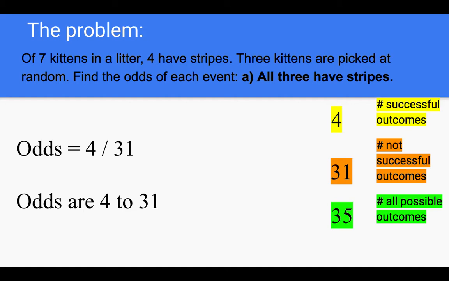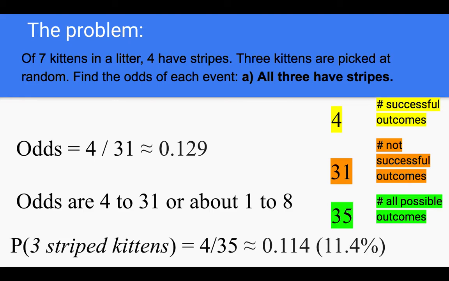We don't present a fraction. And if you try to simplify this, you get that the odds are about 1 to 8. This is the most usual way in which odds are presented, and it shouldn't be confused with the probability. We just calculated that the probability was 4 out of 35. The probability is around 11.4%.